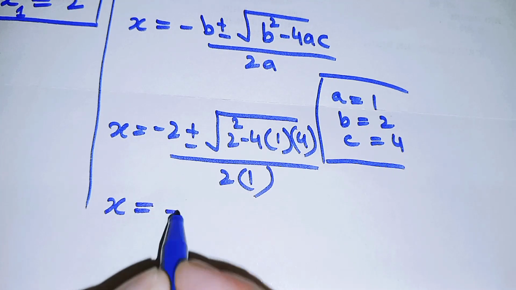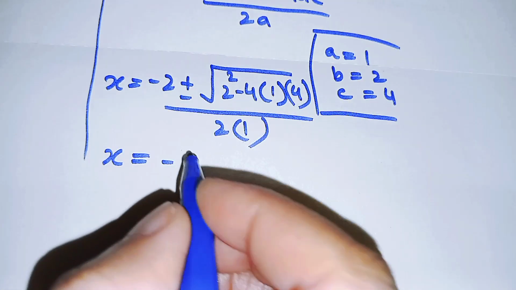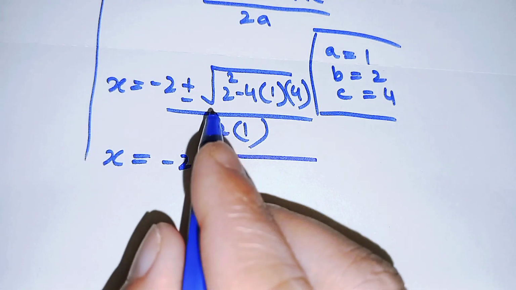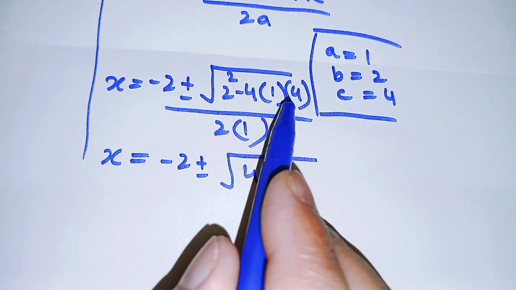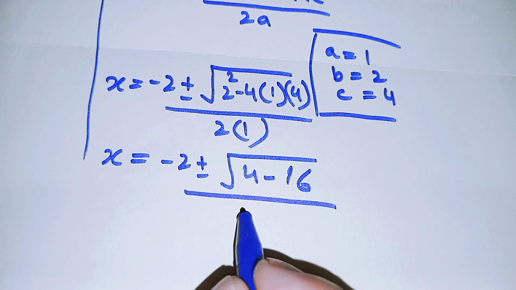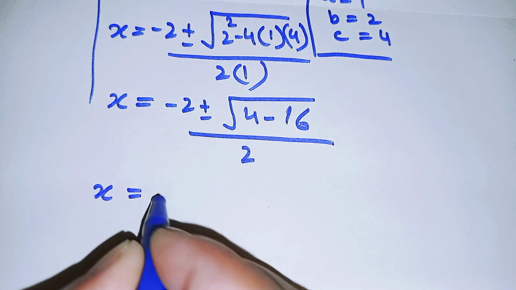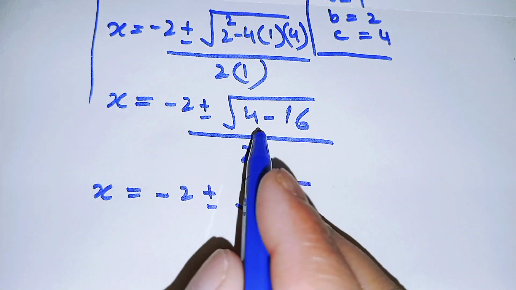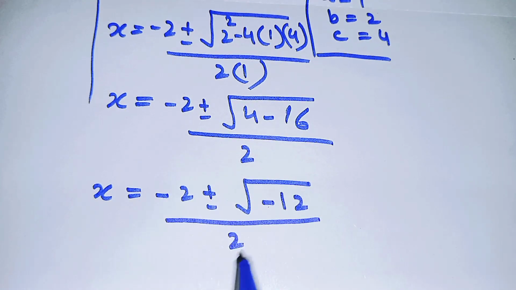So here we can solve this. x is equal to minus 2 plus or minus the square root of 2 square, which is 4, minus 4 times 1 times 4, which is 16, over 2 times 1, which is 2. So x is equal to minus 2 plus or minus the square root of 16 minus 4, which is minus 12, over 2.